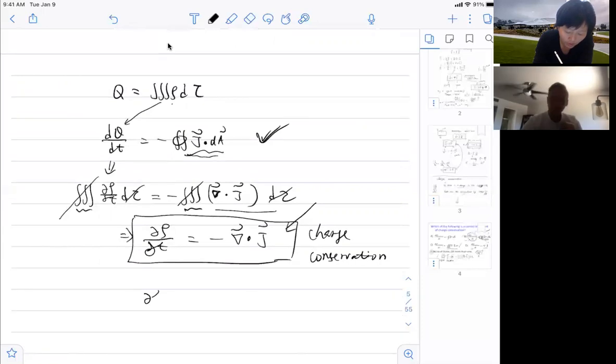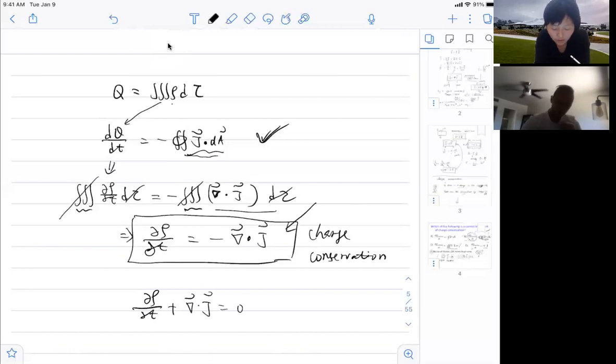Also a lot of times you can put this on the left-hand side, so this plus this equals 0. This is simply charge conservation. Simply saying if you have a change in your charge density in your area, that change can be accounted for by the current into or out of the area.